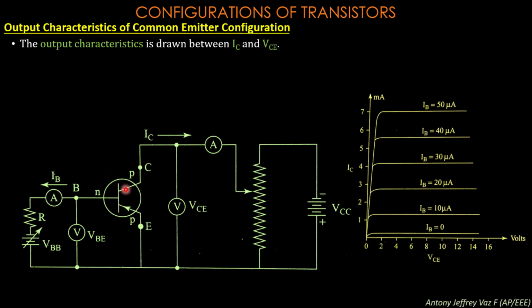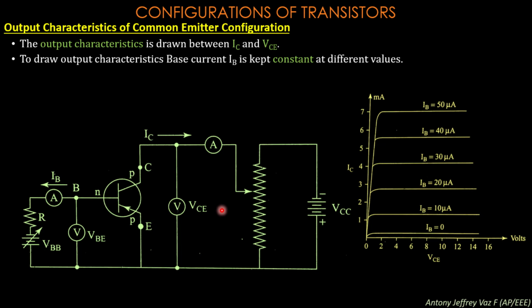The current which flows from the transistor collector towards the load, gives power to the load and returns back to the emitter terminal, is represented as the output characteristics. So during the output characteristics, you are going to measure the range of current along the collector as well as the collector emitter voltage.